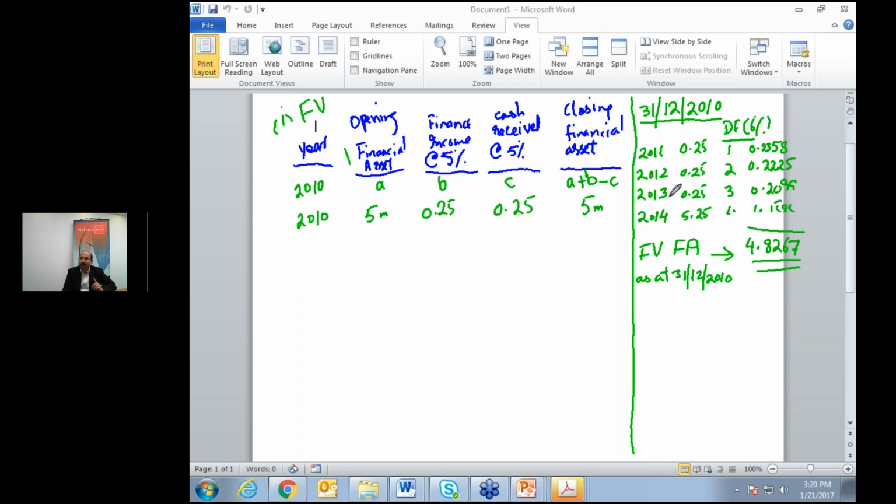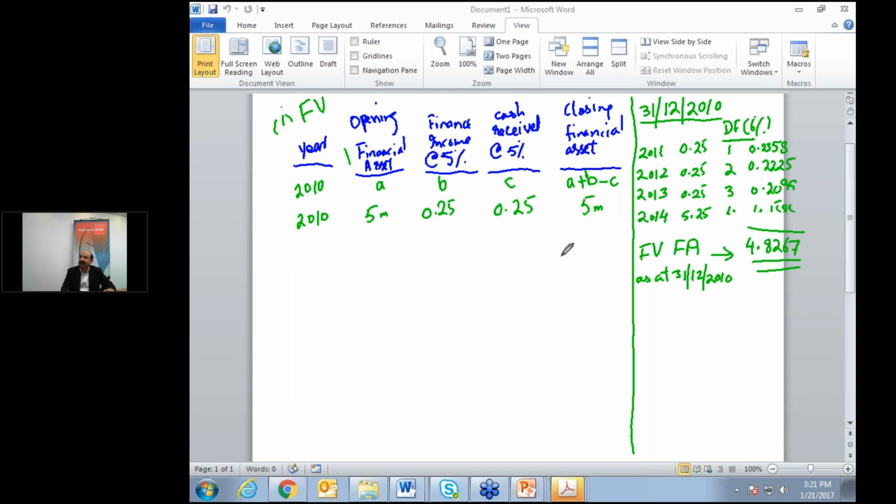And then you will be discounting those cash flows using the interest rate prevailing on the date you are measuring the financial liability fair value. So that discount rate will be applied to those cash flows, and the sum of all the present values will become the fair value of the financial liability.